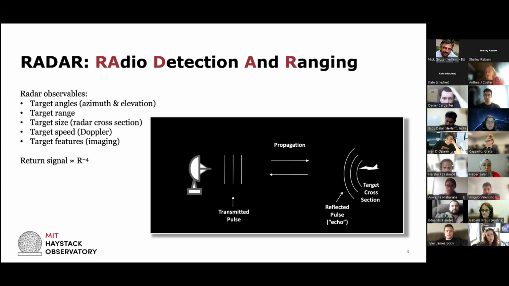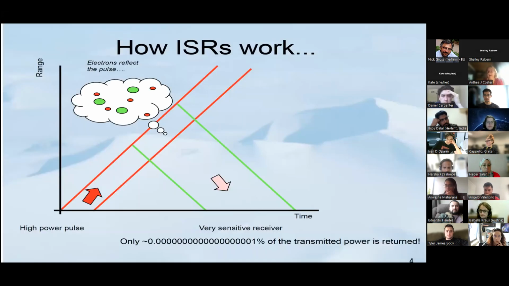Now, with incoherent scatter, we're not actually reflecting off a single target. We're reflecting off a volume. And that volume is filled with electrons. And those electrons are dancing around the ions in that group. And so it's a much harder measurement to make. Just to give you an idea, we send out a very high power pulse.